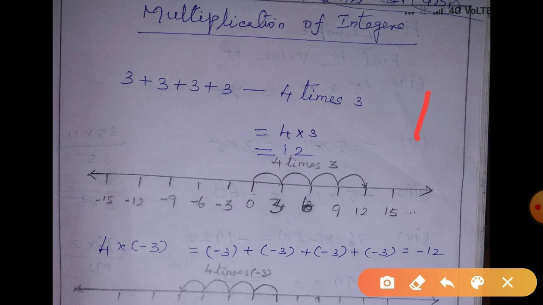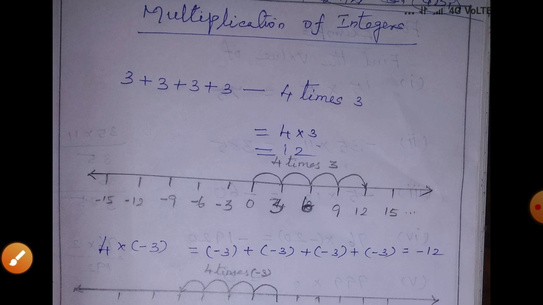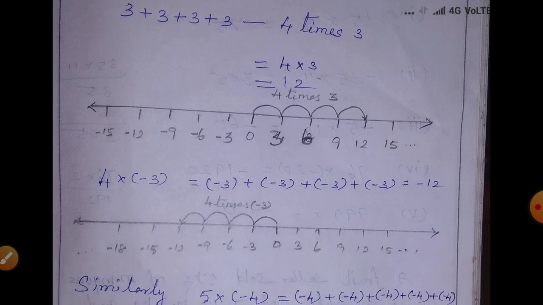Same model, 4 into minus 3 is equal to minus 3 plus minus 3 plus minus 3 plus minus 3, that is equal to minus 12.